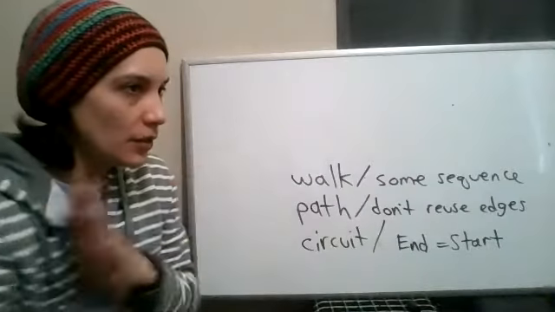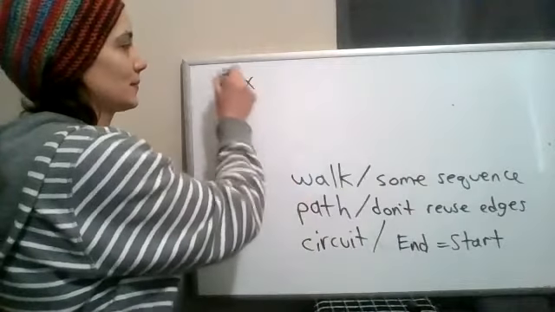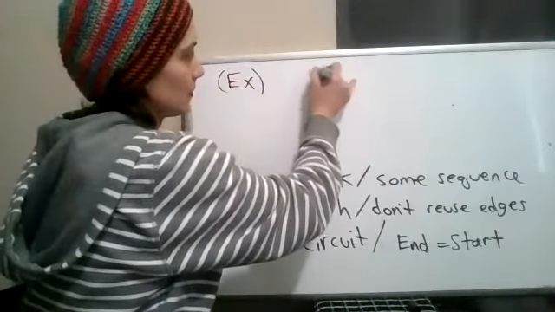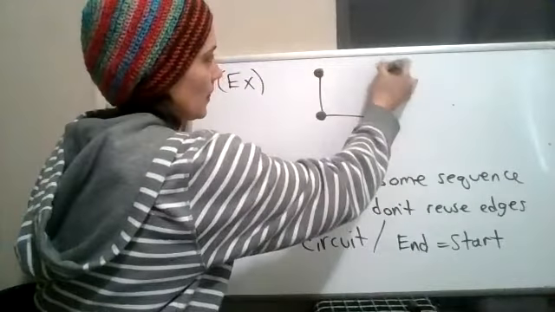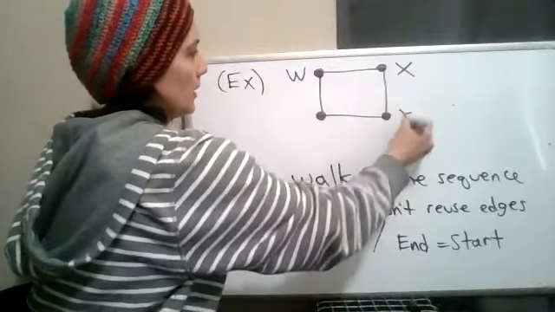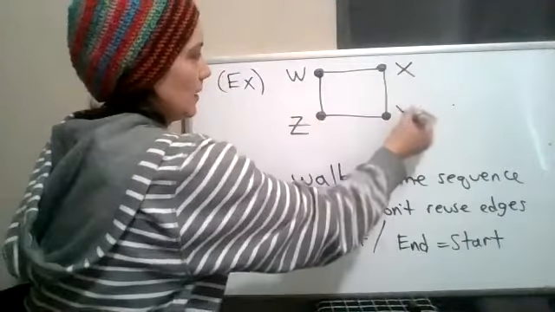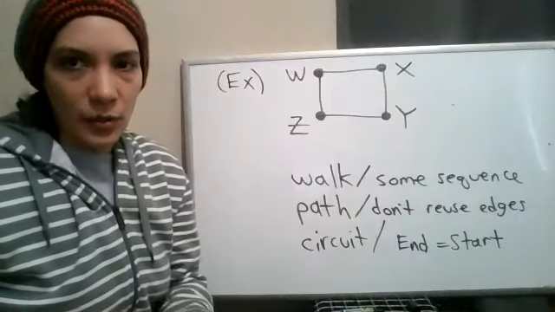So we're going to do the square. Something like W, X, Y, Z. Let's do one of each. So let's do a walk.